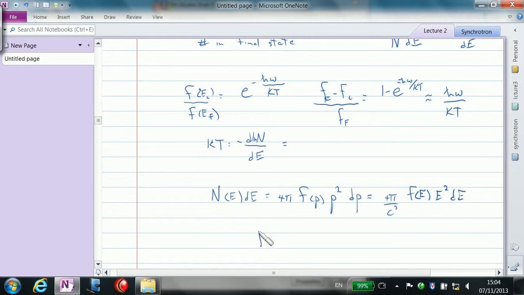So if n goes as E to the minus alpha, then f goes as E to the minus alpha minus 2.